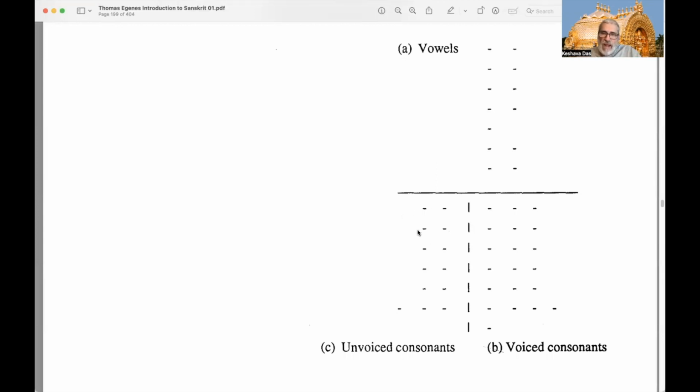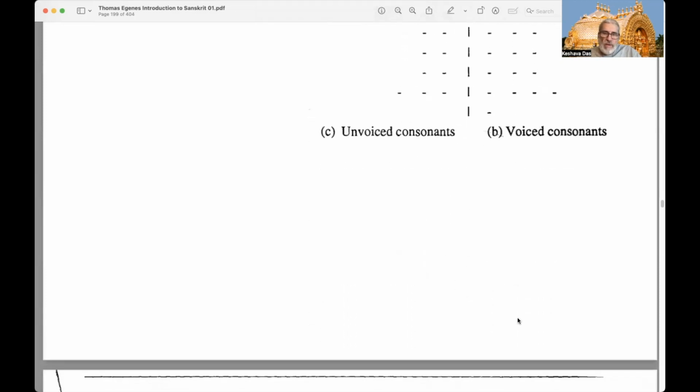Then down here we have ka, kha, cha, chha, ta, tha, pa, pha, and sha, sa. On this side, we have ga, gha, nga, ja, jha, nya, da, dha, na, ba, bha, ma, and ya, ra, la, va, the semivowels, and ha, I believe. Okay, so if we continue on.